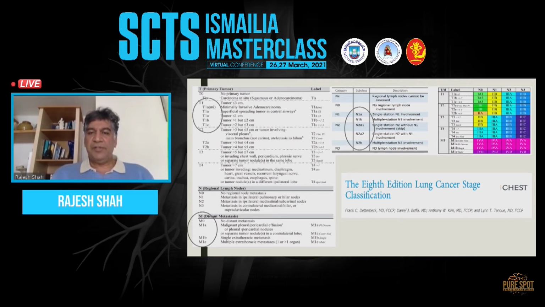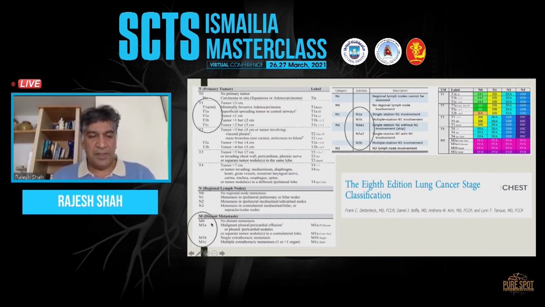N1A is single station N1 involvement, N1B is multiple station N1 involvement, and N2 is again classified into single station with no N1 involvement, or single station with N1 involvement, or multiple station. And the reason for doing this is, as I will show you in further slides, there is differential prognosis in these patients.